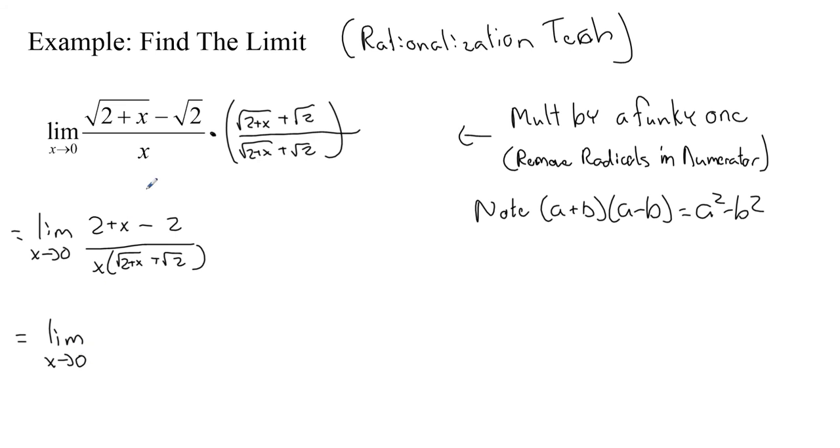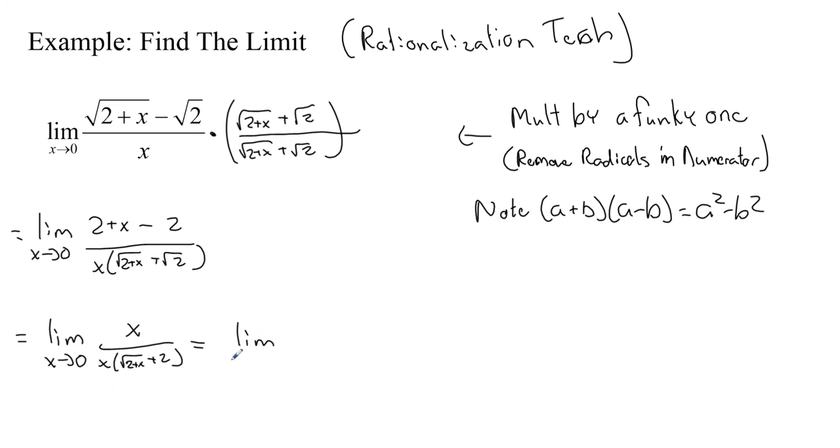Going to 0, I get x over x times square root of 2 plus x plus 2, and then those x's cancel, so I am still using a dividing out technique a little bit here.